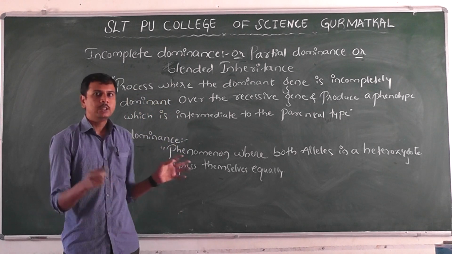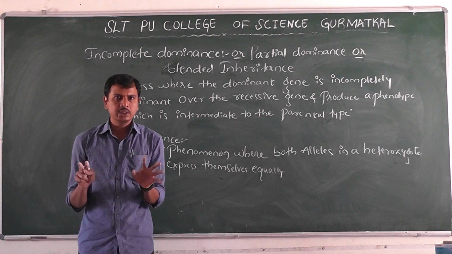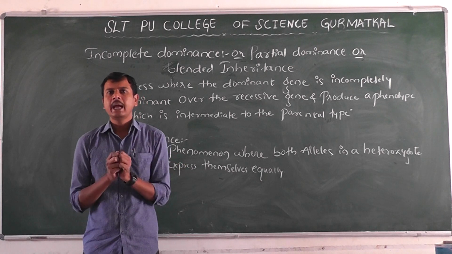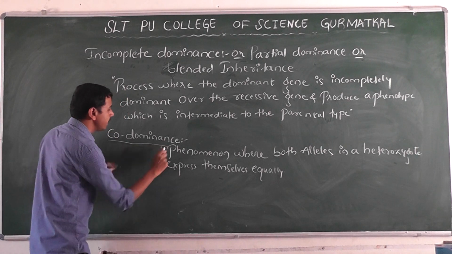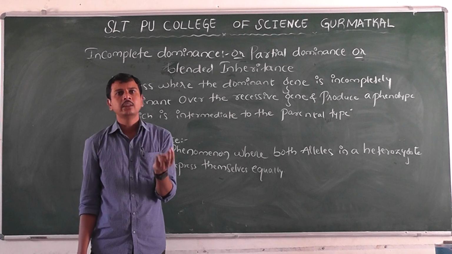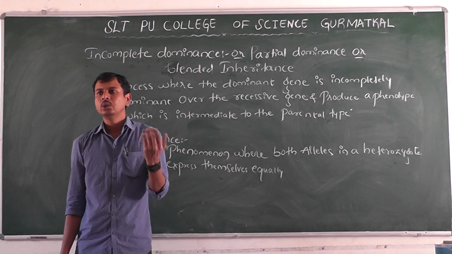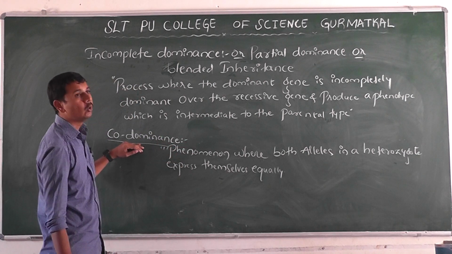This means both genes act as dominant. There is no recessive. Whatever genes are present, both act as dominant. That is why we call it codominance.